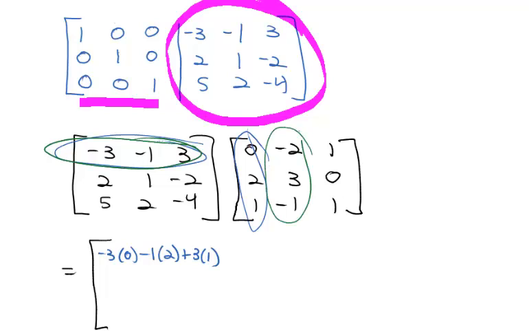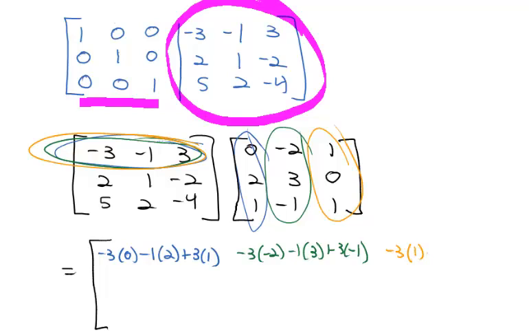First row, second column, we've got -3 times -2 minus 1 times 3 plus 3 times -1. First row, third column, we've got -3 times 1 minus 1 times 0 plus 3 times 0.